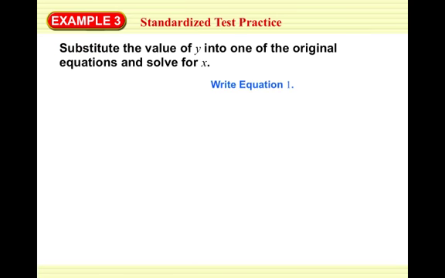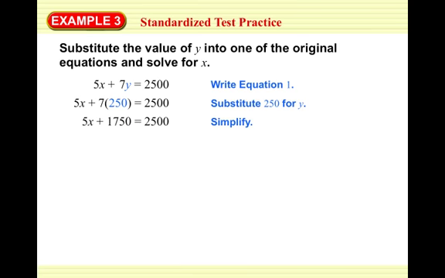So let's plug in 250 for y and solve for x. So 5x plus 7y equals 2,500. Substituting 250 for y gives us 5x plus 7 times 250 equals 2,500. 7 times 250 is 1,750.